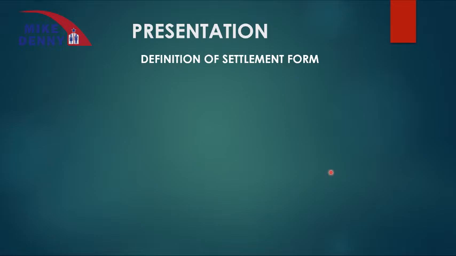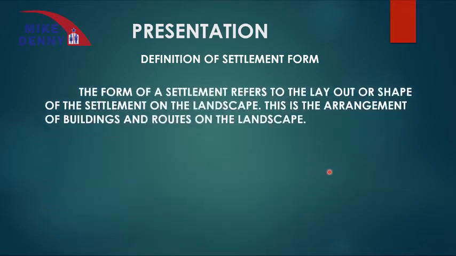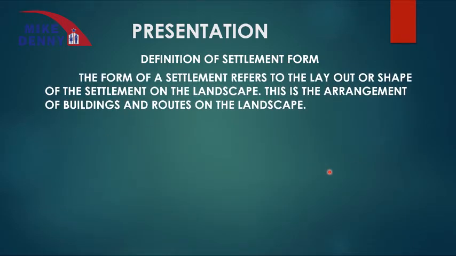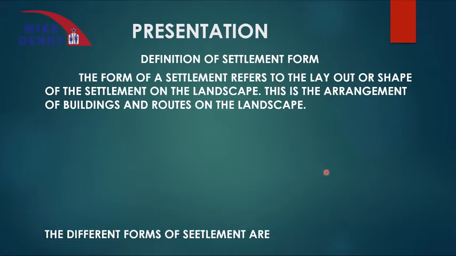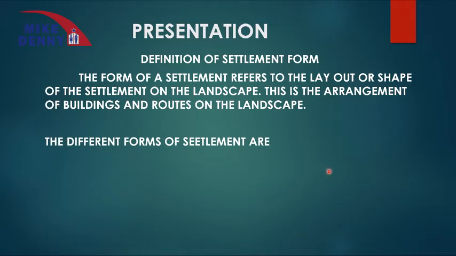So today, we are going to talk about the definition of settlement form. When we talk about settlement form, we are simply looking at the layout or the shape of a settlement on a landscape. That is the arrangement of buildings and the arrangement of roads on the landscape. And we can identify different forms of settlement.